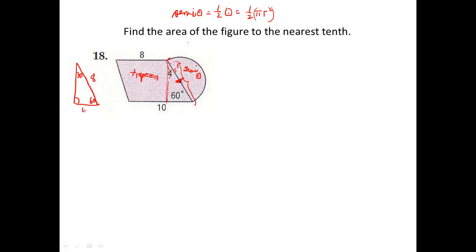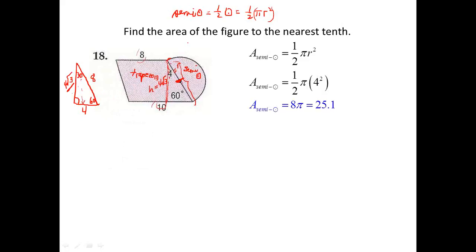Across from this is going to be 4. But I need the side over here. This is my height. And so I had to find this side. Now this is x square roots of 3. So my height is 4 square roots of 3. So I have my bases, have my height. So now let's go through those formulas.